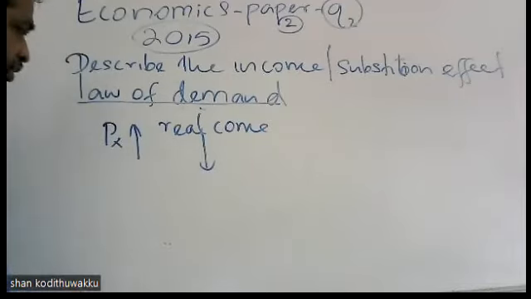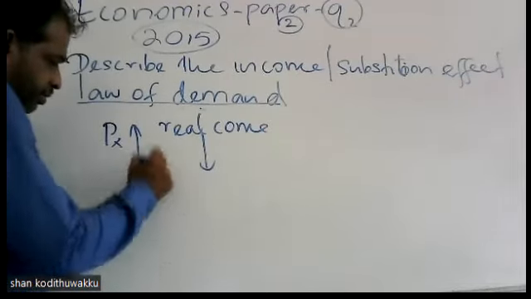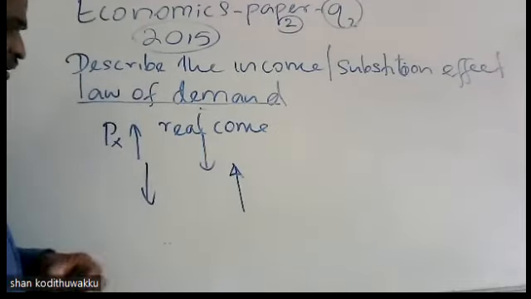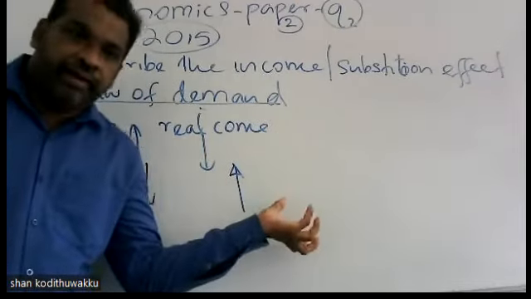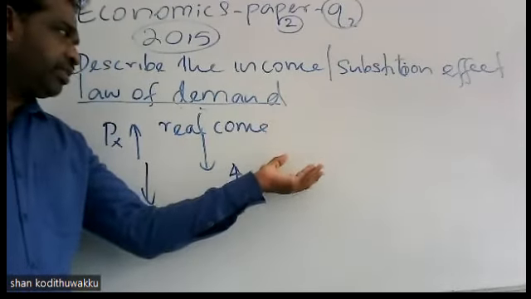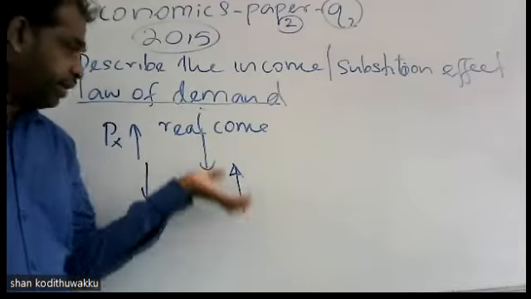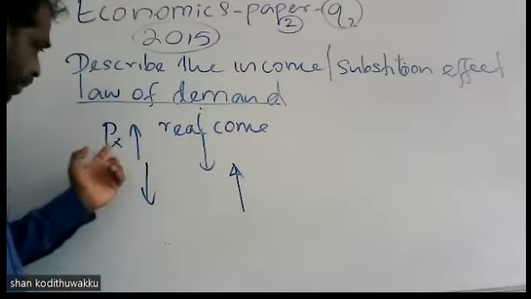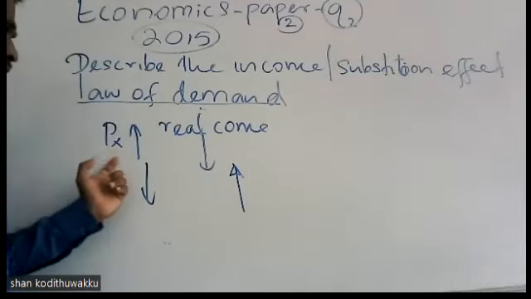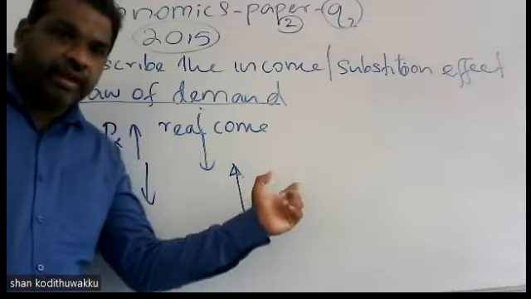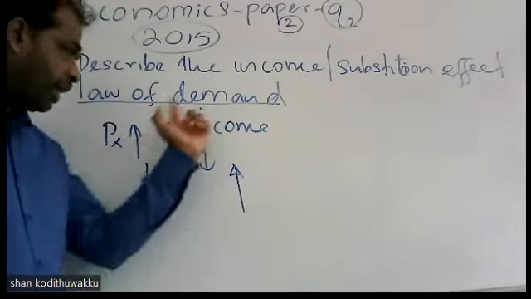Then, when the price of a product decreases, our real income will increase. That means the number of goods which you can buy from the same income will increase. That is the income effect. It happens because of the law of demand. When the price of the product increases, the number of items which we can buy at the same income will come down.